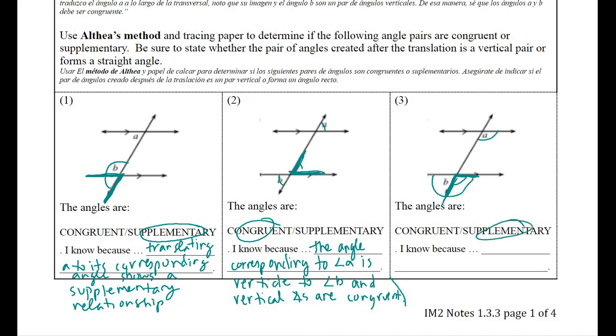I know because the angle corresponding to angle A makes a straight angle here with angle B. And straight angle pairs are supplementary.